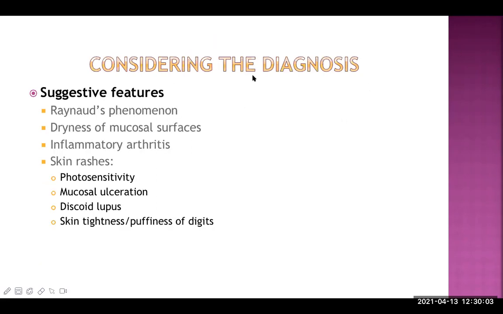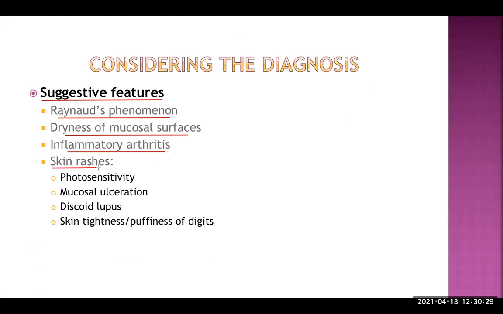Now, what are the suggestive features for connective tissue disorder? There may be Raynaud phenomena. We'll talk about Raynaud phenomena in today's class. There may be dryness of the mucosal surface or ulceration. There may be inflammatory arthritis, which is highly typical of connective tissue disorder. Many of them are having arthritis.